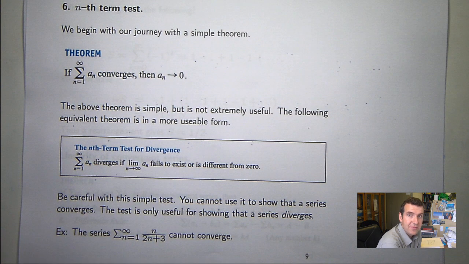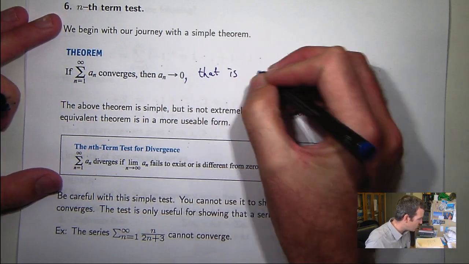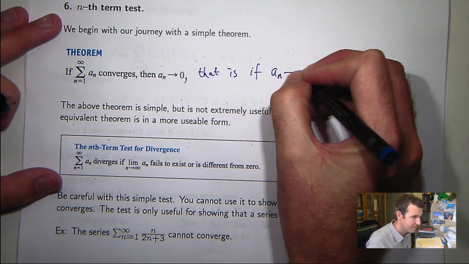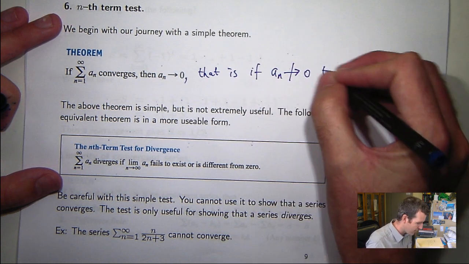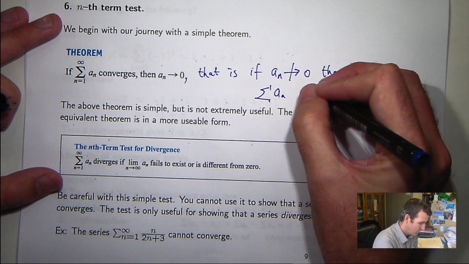It's called the nth term test, and basically it says the following. If an infinite series, sigma a sub n, converges, then the sequence a sub n must go to 0 as n gets large and positive. That form of the theorem is not really useful, so let me rearrange it and use what's known as the contrapositive to write it in a more usable form.